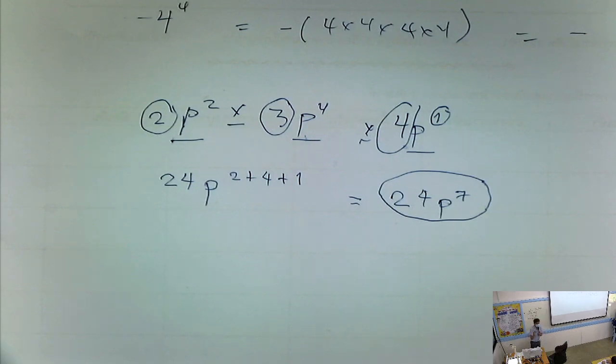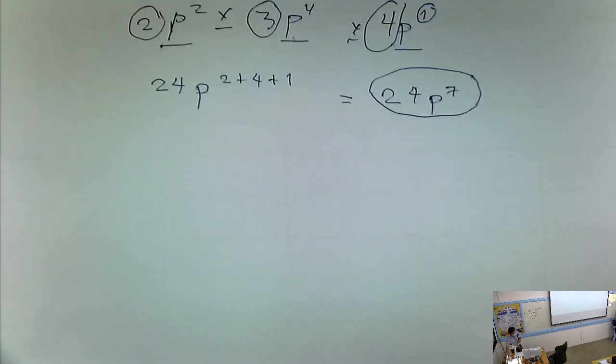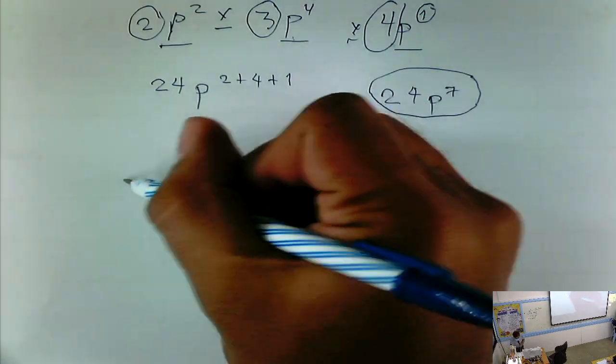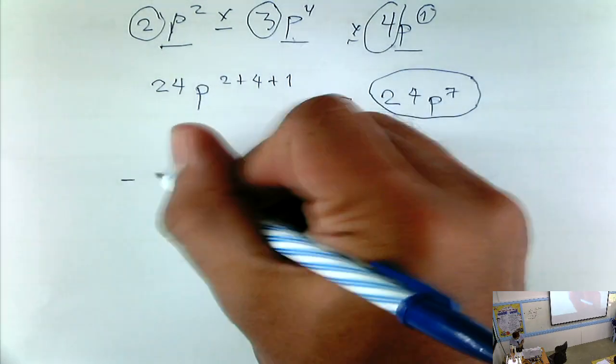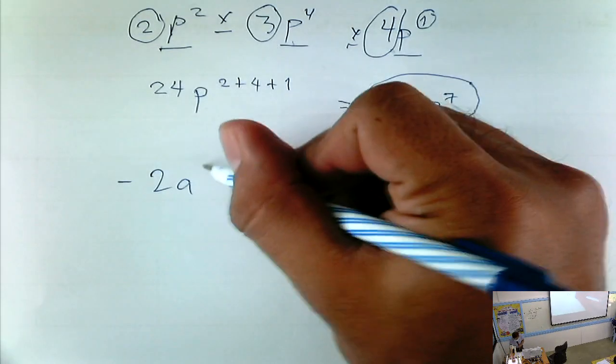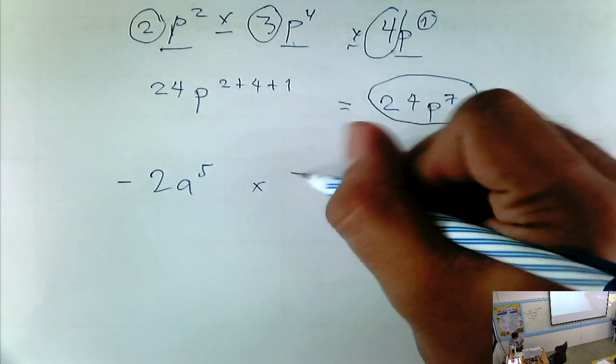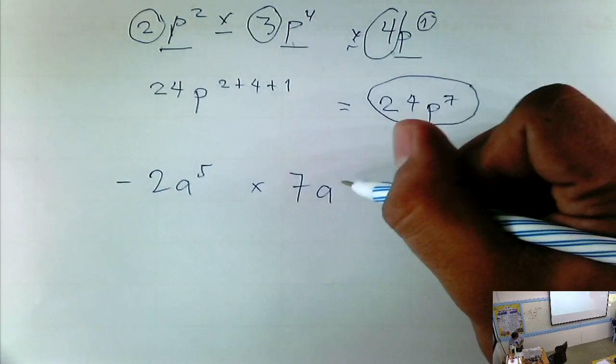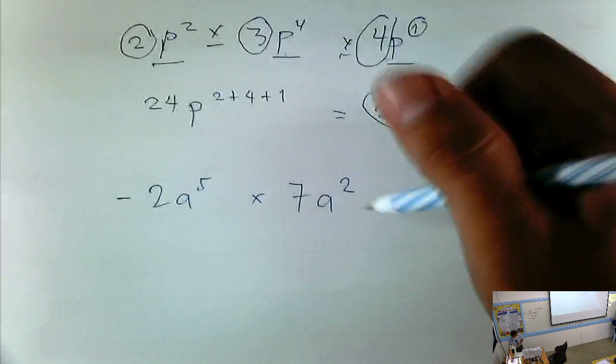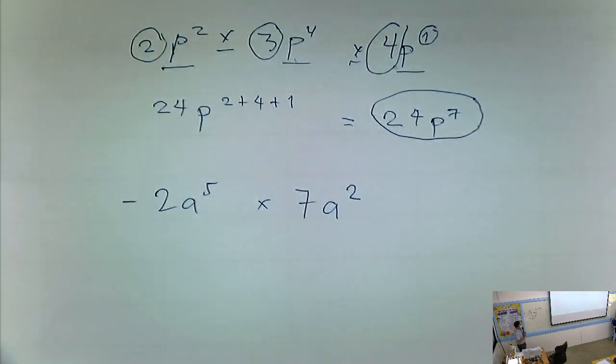Understand? Is it clear? Okay. Let me give you another one. How about this one? Negative 2a to the power of 5 times 7a to the power of 2.